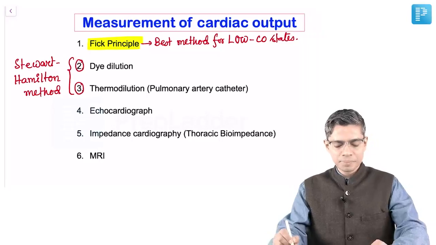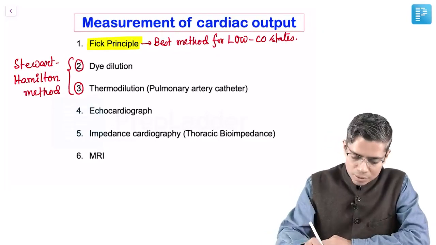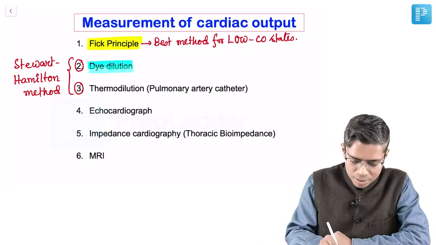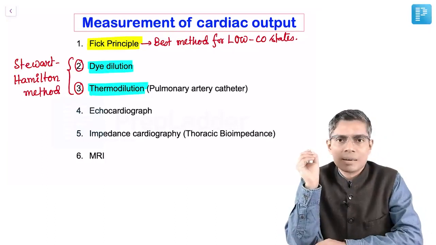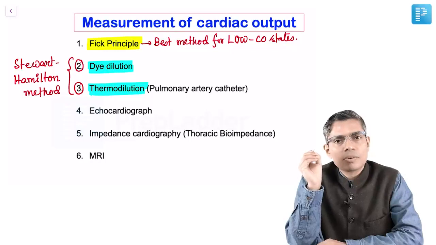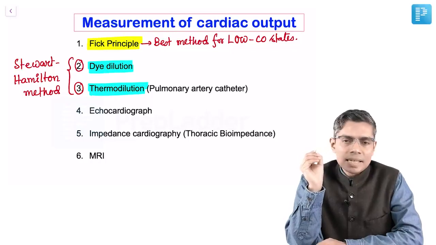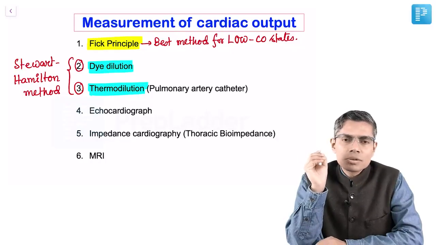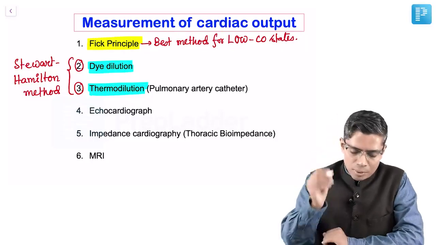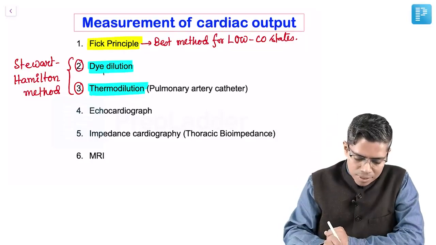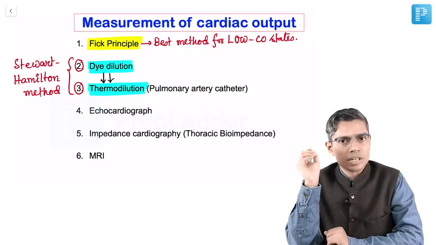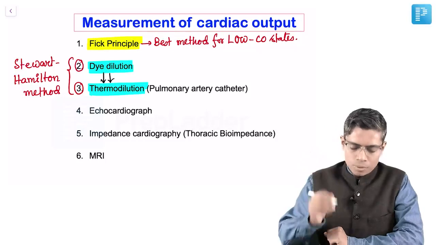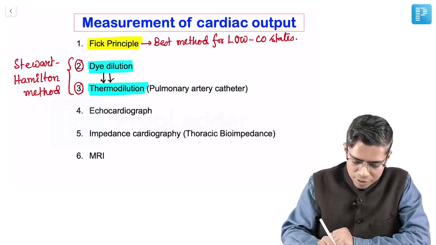So please remember, dye dilution method as well as this thermodilution method are based on the same principle which was discovered by Stewart and Hamilton. That's why this is known as the Stewart-Hamilton method. Dye dilution is also known as indicator dilution method. Previously it was used, but nowadays this dye dilution has been replaced by a newer method, that is the thermodilution method. So what do we have to remember about dye dilution method?